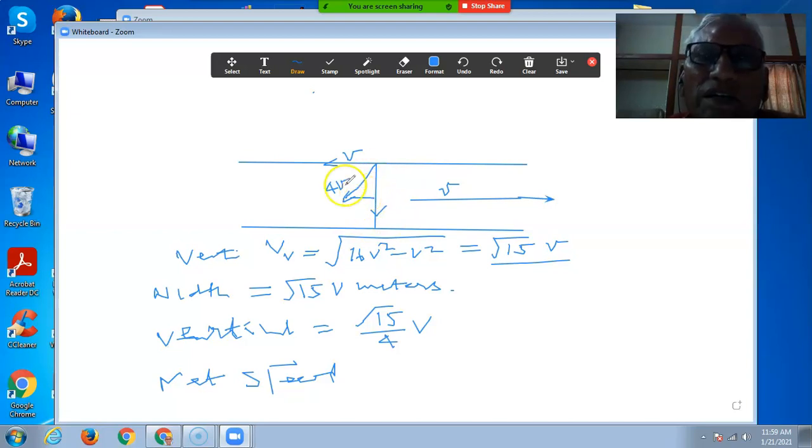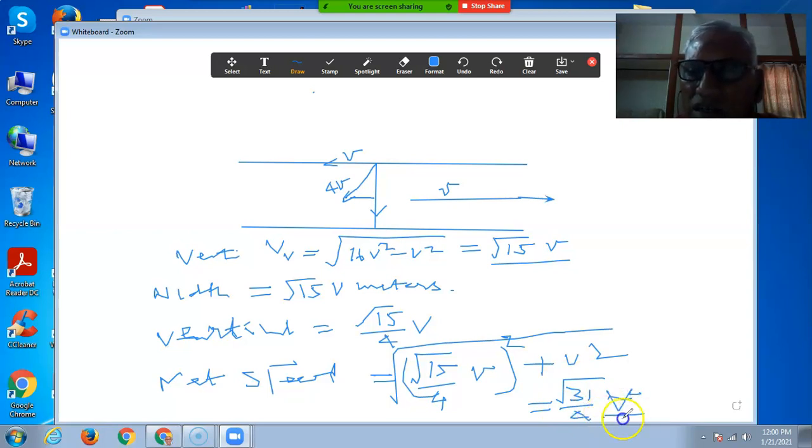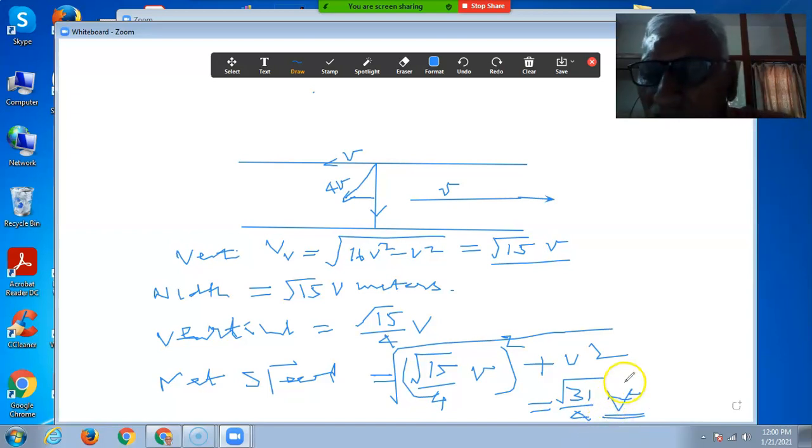So the net speed is the square root of (root 15 by 4 v) squared plus v squared. This gives us the net speed to be root 31 by 4 v.